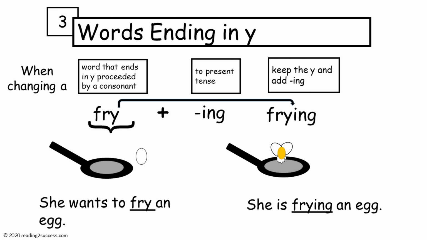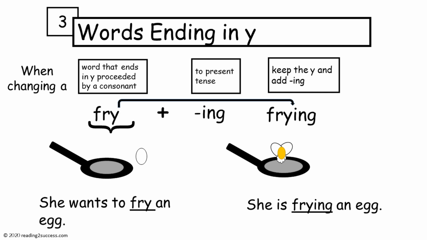Now introduce kids to basic spelling rule 3 and how it works with the ending ing. When changing a word that ends in y preceded by a consonant, like fry, it ends in y, and r, a consonant, comes before it, to present tense by adding an ing, we keep the y and add ing.